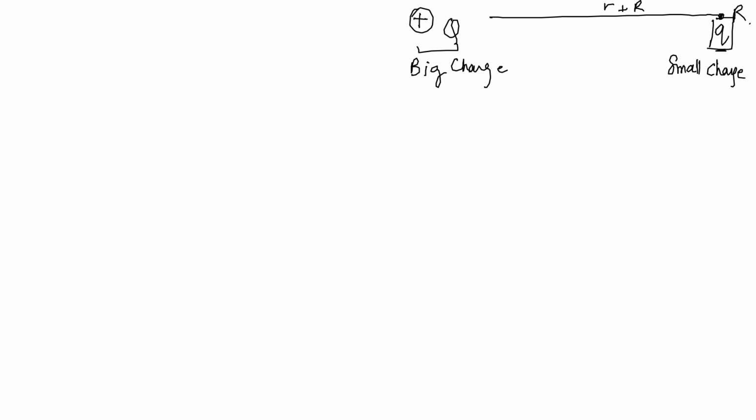Now this small charge is brought near the big charge at a point P. To bring it from R to P, we have applied some external force F external. Since the charge is positive, the force due to the electric field of the big Q will be equal and opposite to the external force.